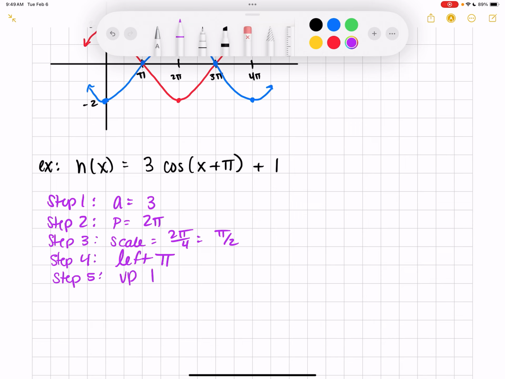Okay, so if I didn't ask you to graph it, well, I guess I should ask, is it reflected? No, okay, not reflected. So if I asked you on a test or a quiz to just tell me what's happening to the graph, this would be sufficient right here. If I ask you to graph it, then we'll do the following.